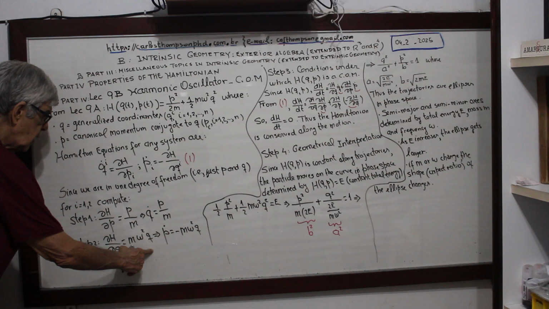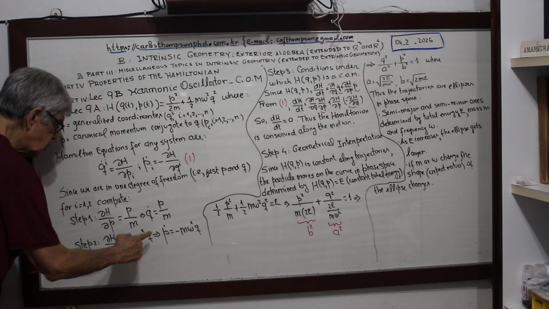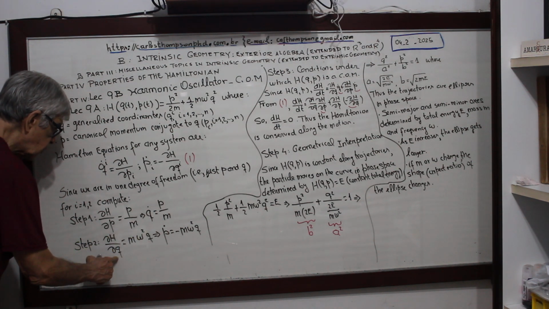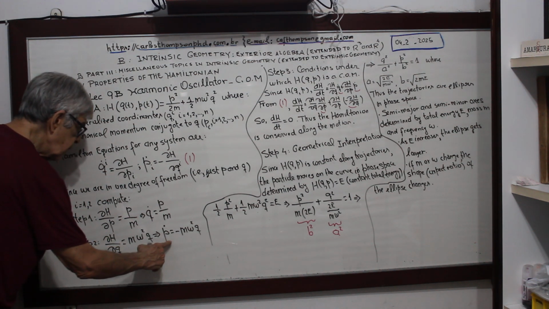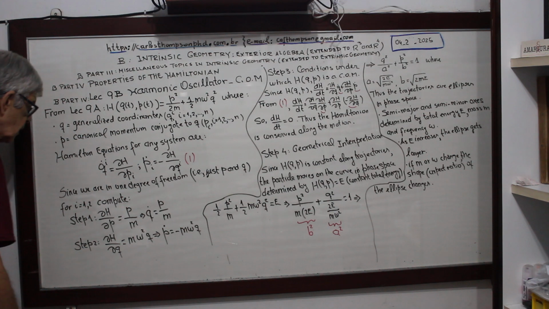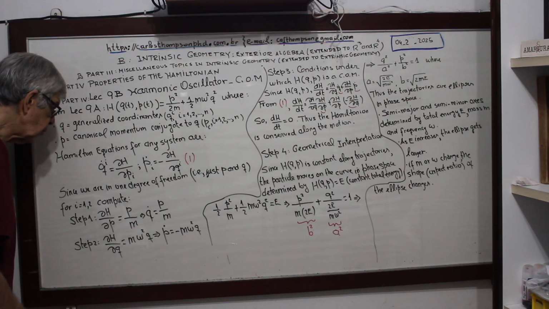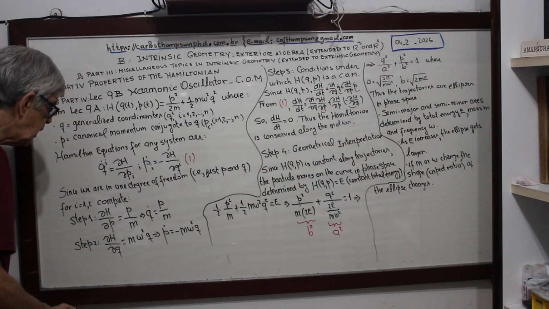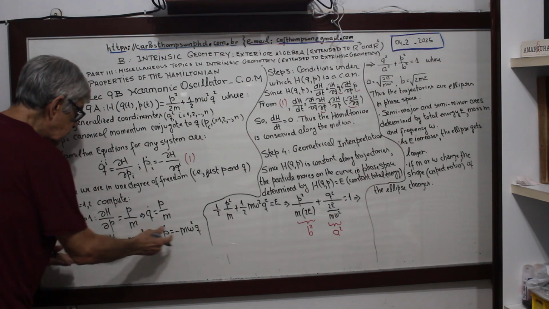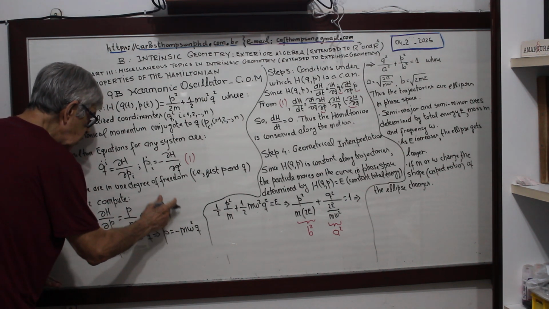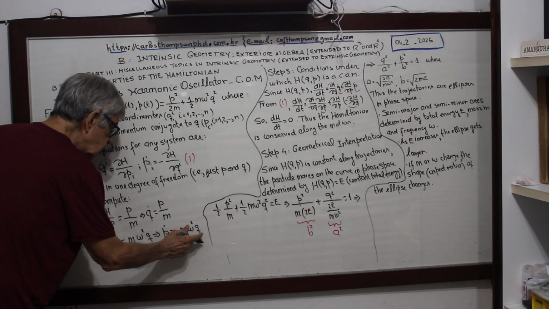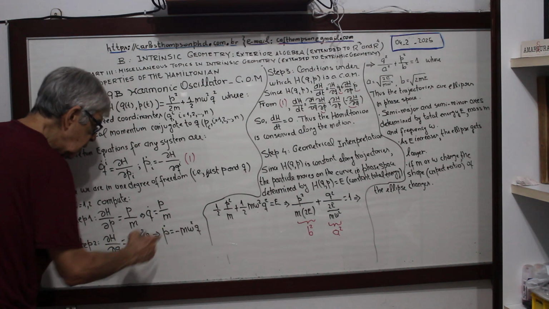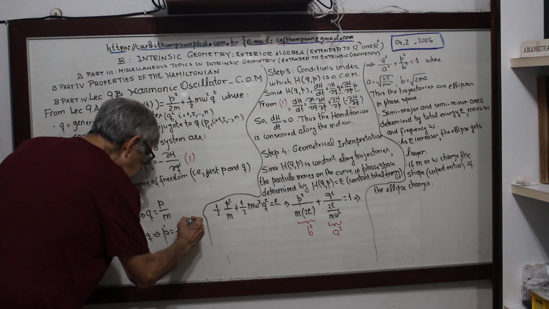And attention now, partial H with respect to q is equal to minus p dot, from Hamilton's equation. And then you just write down q dot is p over m, and p dot is minus m omega squared q.